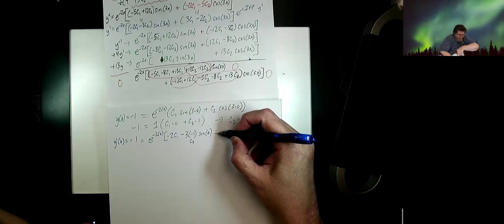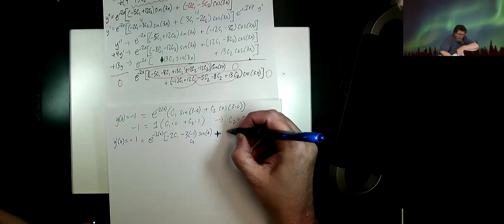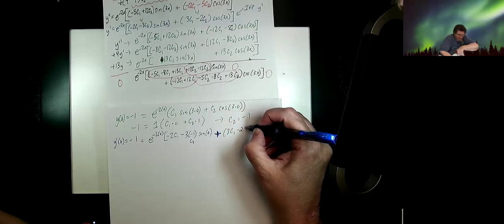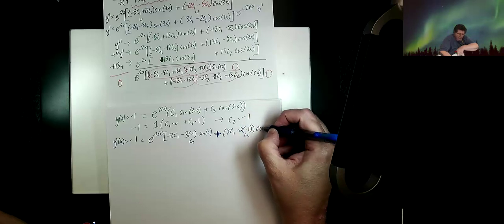And then plus 3C1 minus 2 times -1, that was my C2, times cosine of 0.